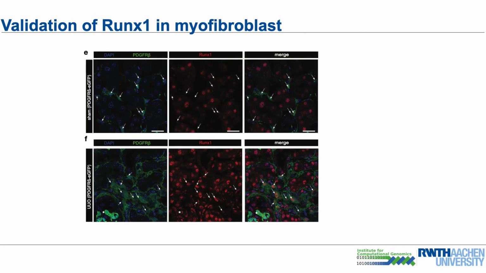To validate the function of RUNX1 in myofibroblasts, here we performed immunostaining and quantification of RUNX1 signal intensity in transgenic PDGFR-beta mice that genetically target fibroblasts and myofibroblasts. So here on the bottom, we can see that RUNX1 is colocalized with TGF-beta signaling.